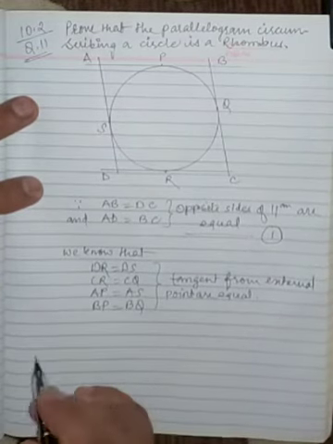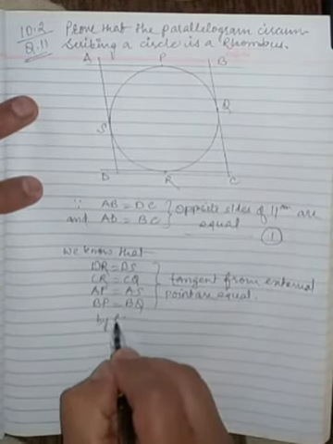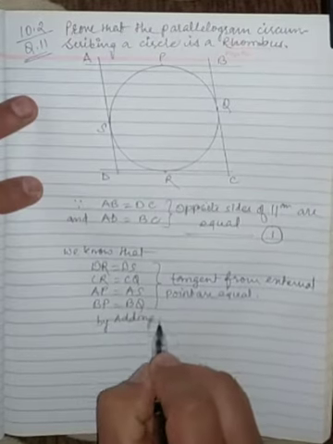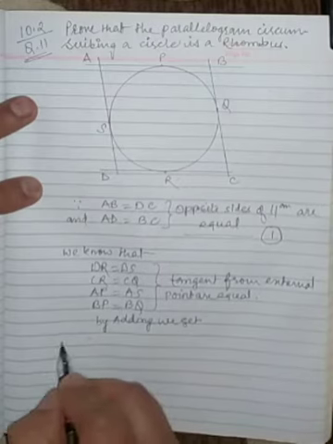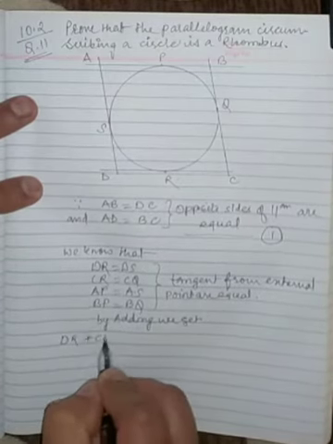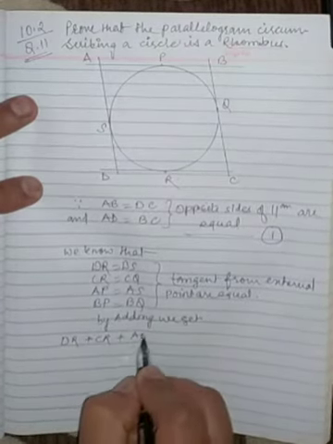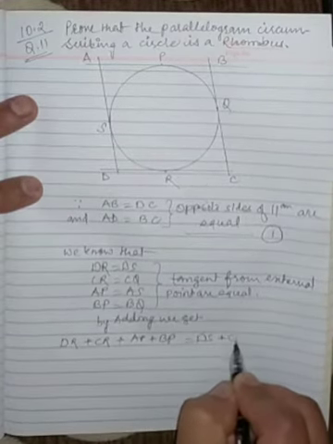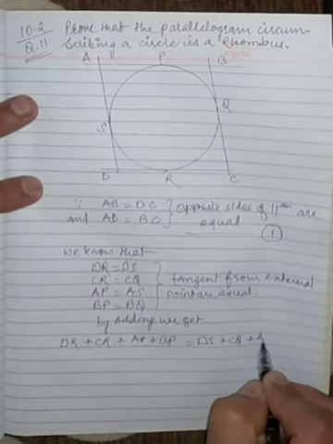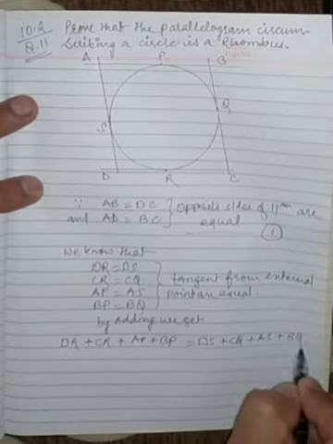Now let us add all these four. By adding, we get DR plus CR plus AP plus BP is equal to DS plus CQ plus AS plus BQ.